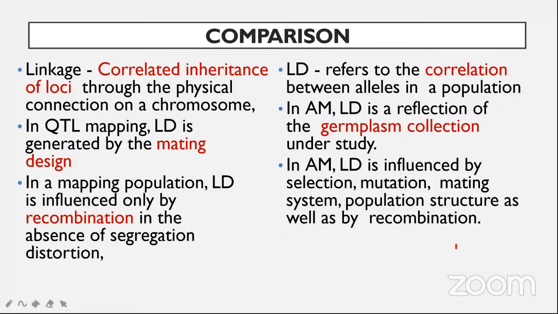In QTL mapping, LD is generated by mating design, whereas in association mapping, it's a reflection of the germplasm collection. And in QTL analysis in mapping populations, LD is influenced only by recombination in the absence of segregation distortion. Whereas in association mapping, LD is influenced by selection, mutation, mating system, population structure, and many other things that we studied in the previous 15 minutes.